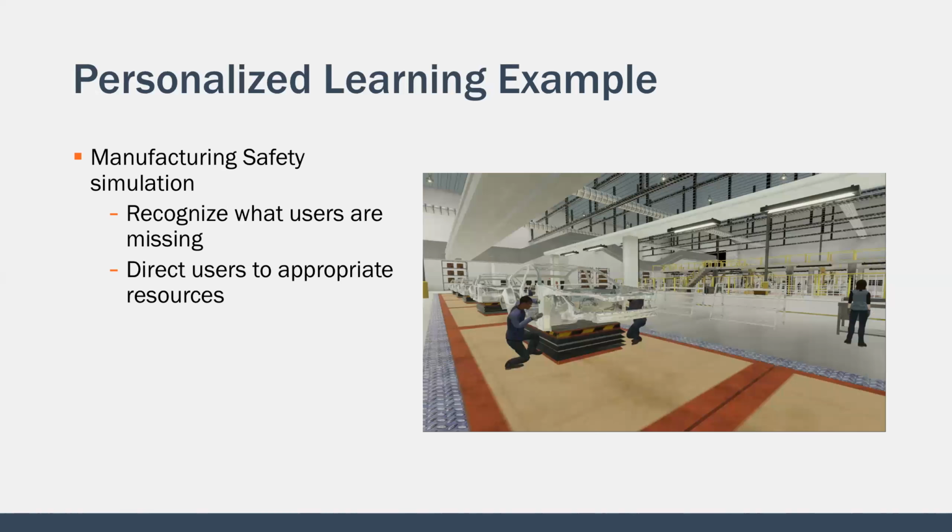Also, we could increase the difficulty of the simulation, so we could increase the amount of hazards or hazard categories, and even make more ambiguous hazards to make it tougher. And we could also make it easier too if students are finding all the hazards they can within a certain amount of time. So this is an example of how we can adapt the simulation to the user.